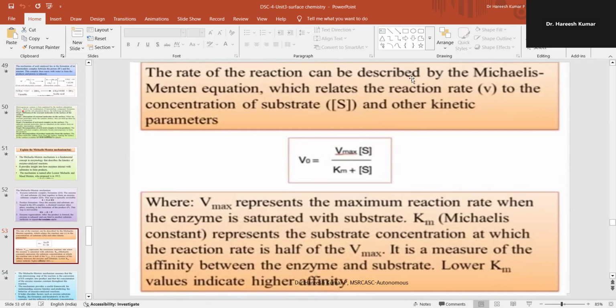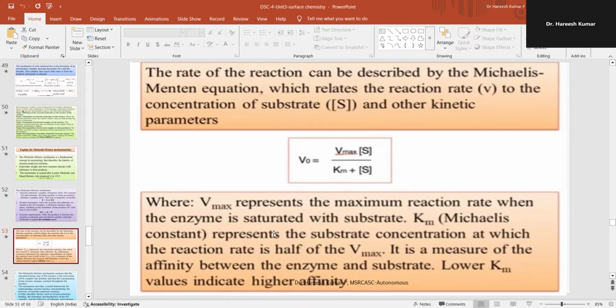The rate of reaction can be described by the Michaelis-Menten equation, which relates the reaction rate V to the concentration of the substrate S and other kinetic parameters. That is, V naught is equal to Vmax times the substrate concentration divided by Km plus the concentration of the substrate, where Vmax represents the maximum reaction rate when the enzyme is saturated with the substrate.